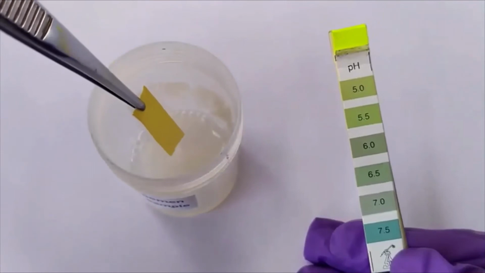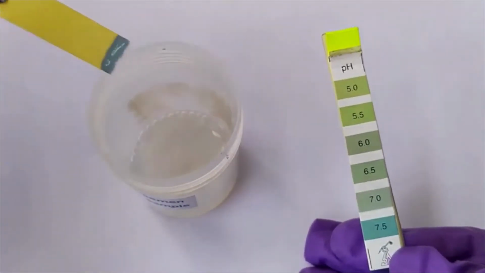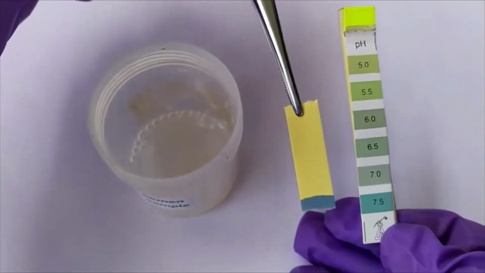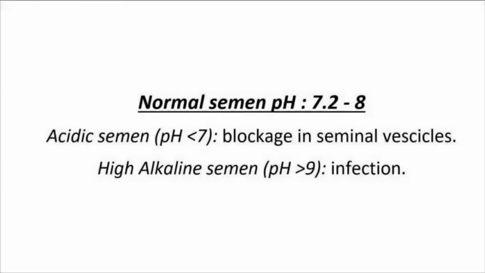Observe the pH paper for color change. A more accurate laboratory pH meter can also be used to determine the pH. Normal semen has a slightly alkaline pH ranging from approximately 7.2 to 8. Acidic semen could be indicative of a blockage in one or both seminal vesicles. High alkaline pH could be a result of infection.